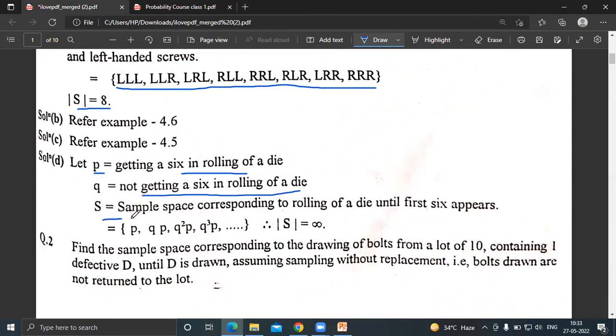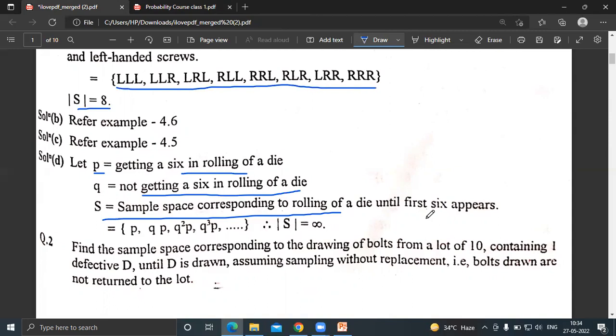Then S is the sample space corresponding to rolling of a die until the first 6 appears. So how will we solve it? Because we don't know how many times the die will be rolled.